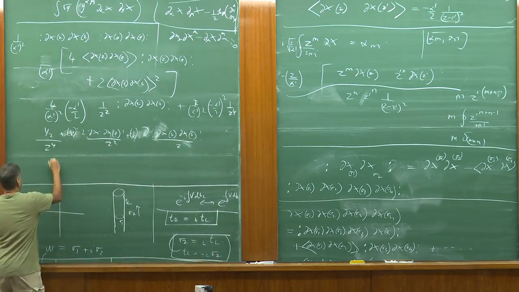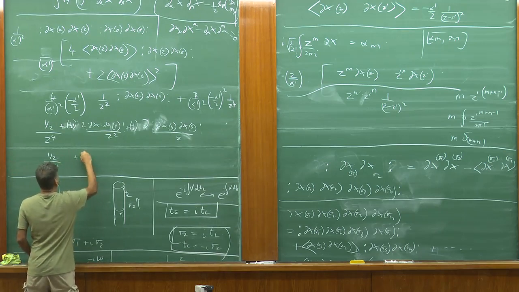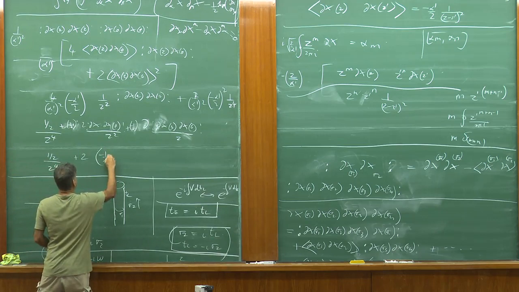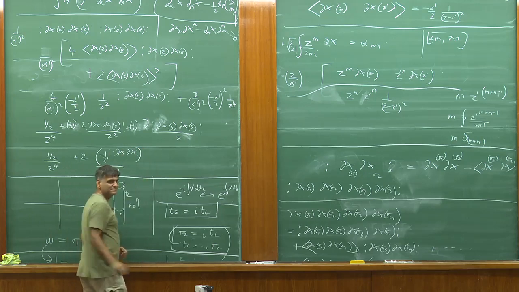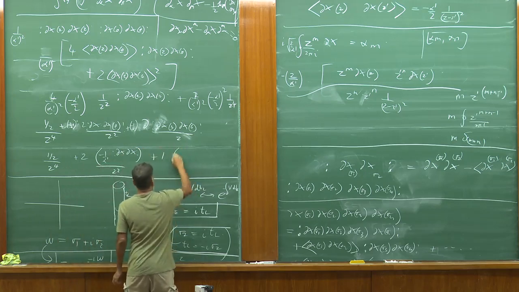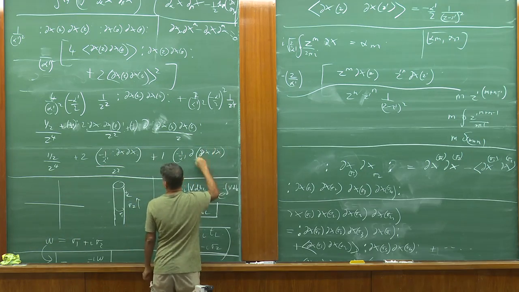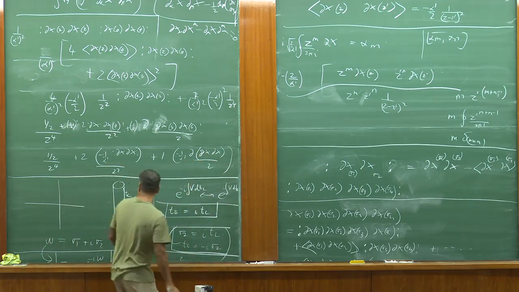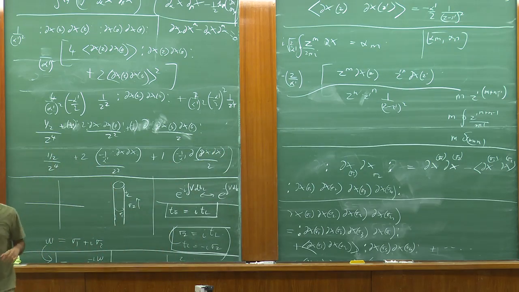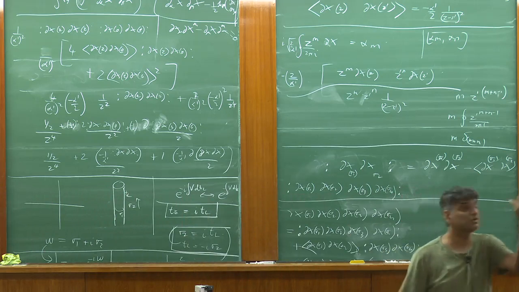And so we get half divided z to the 4 plus 2 into minus 1 by alpha prime del X by z squared plus 1 times minus 1 by alpha prime del of del X by z. But this is just T, and this is just del T. And so the answer was c by 2 z to the 4 plus 2T by z squared plus del T by z, provided we identify c is equal to 1.